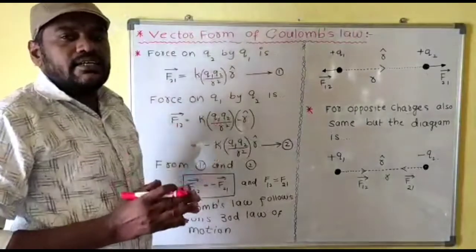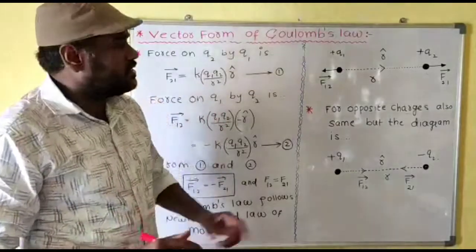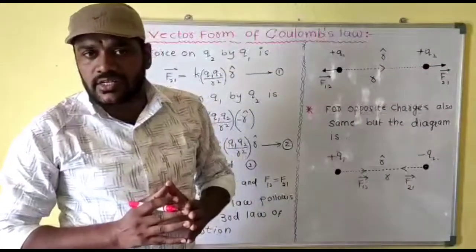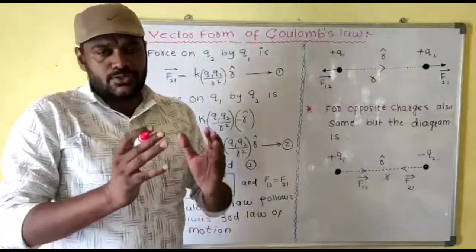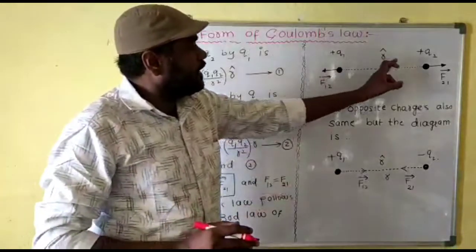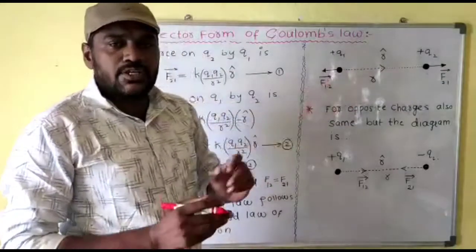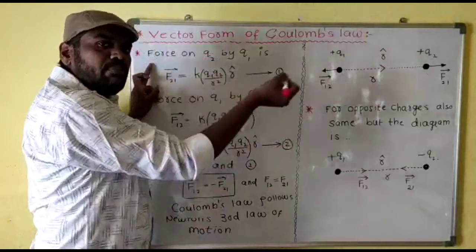Now let us see the direction of the forces for two similar charges and two opposite charges. Let us consider these two charges are similar charges. What is the meaning of similar charges? Both should be positive or both should be negative. Here I have taken both as positive charges. r is the distance between them, r cap is the unit vector. Now you see the force on the second charge by the first charge.